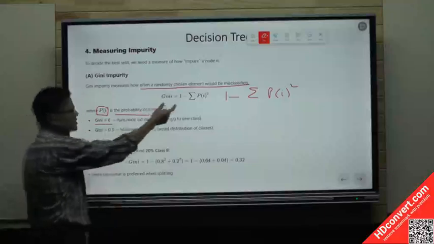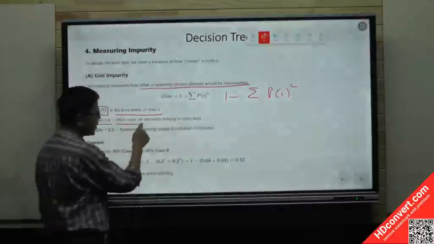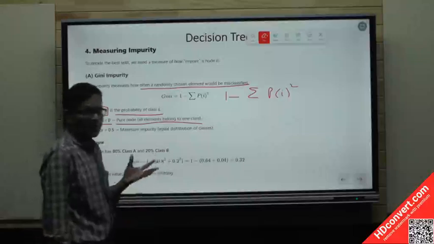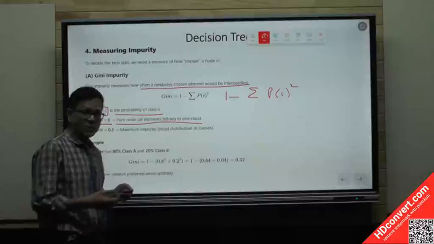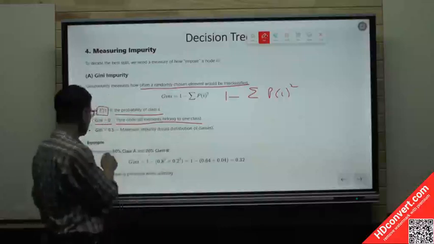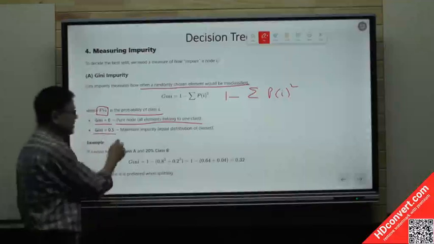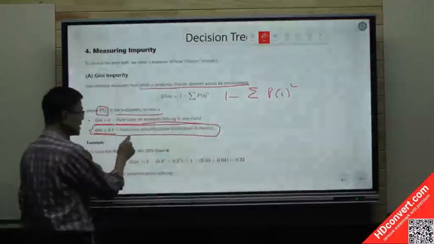If the Gini value calculates to be 0, that means it's a pure node, all elements belong to one class. If the sample is not pure, then it will have some elements of other classes also. If the Gini index is 0.5, that is the maximum impurity, which equals an equal distribution of the classes.